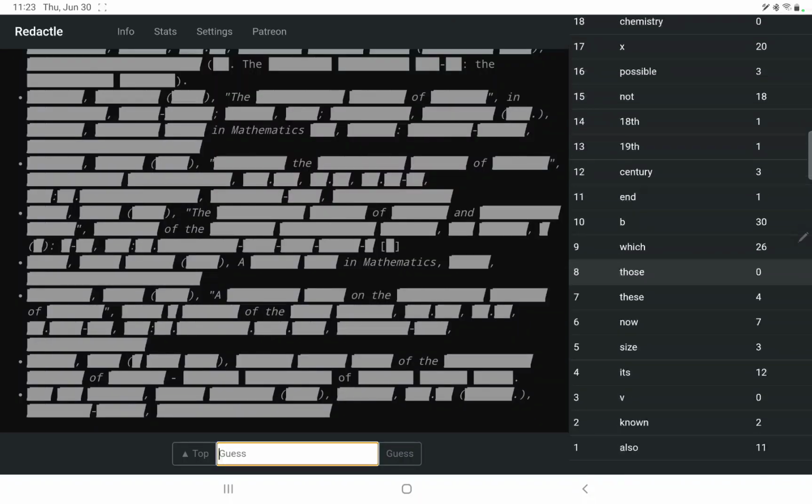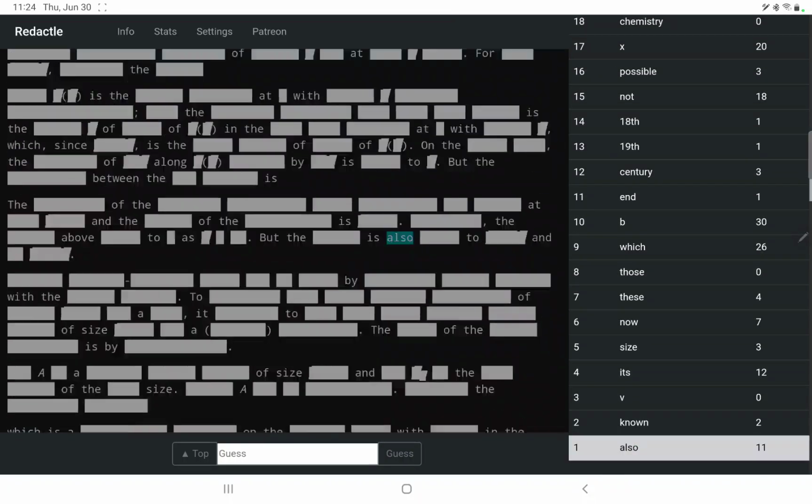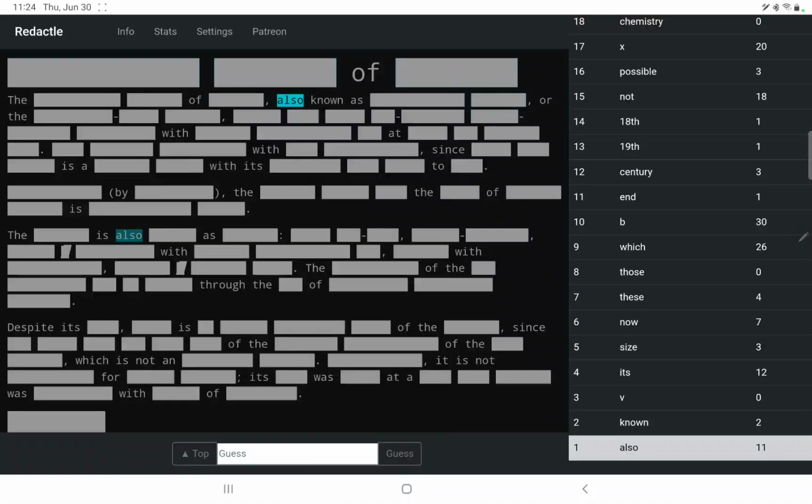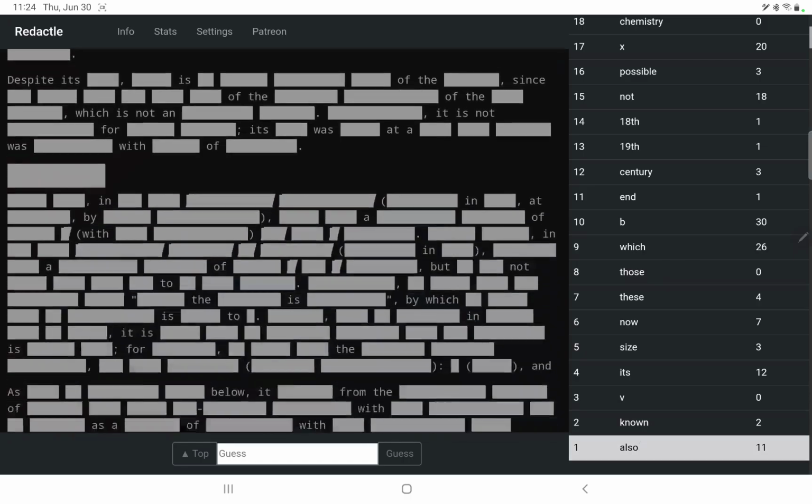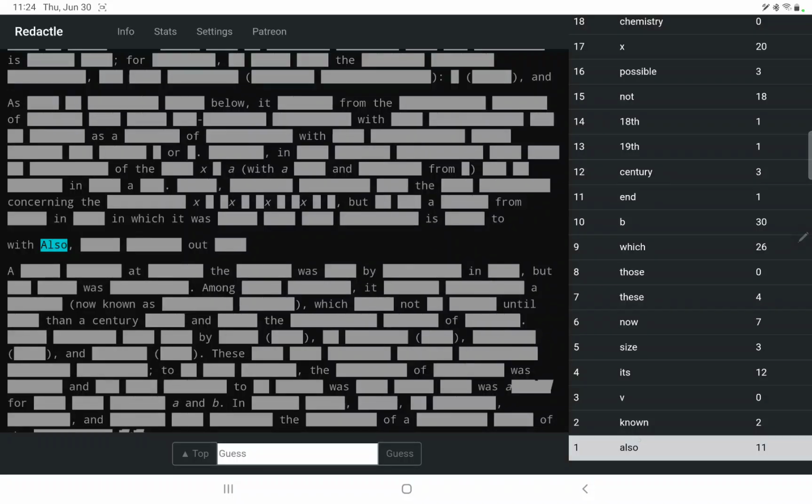Okay, well, let's go back and look at some of our words. We had also known as the something is also blank as blank. Not sure what word that would be, but let's go on. Well, that was our funny also suddenly appearing after with.